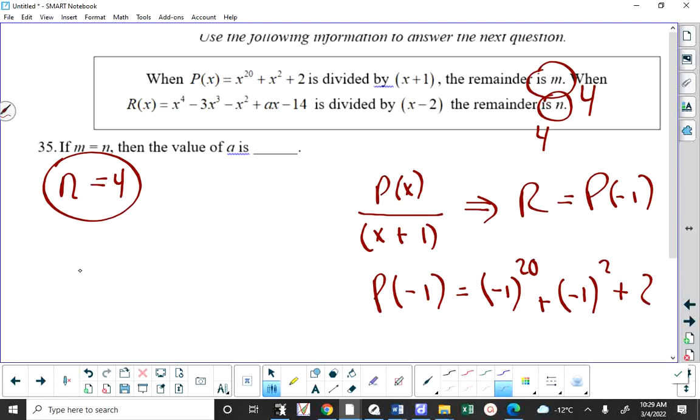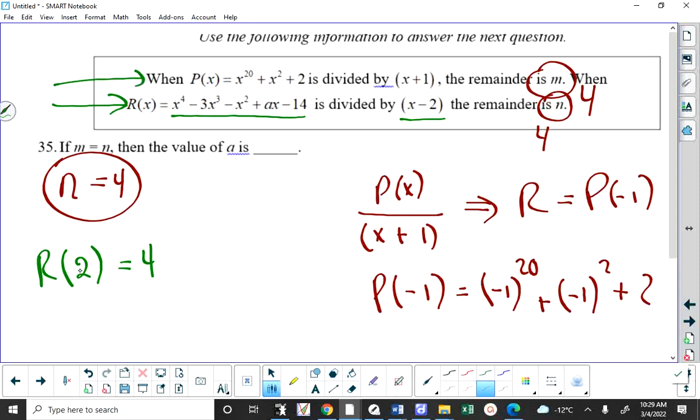So now I'm looking at this second line, and I'm saying when I divide this polynomial by x minus 2, I get 4, which means r of 2 has to be 4 because the remainder is 4. We had to use this whole first part of the question to figure out what the remainder of the second part was.